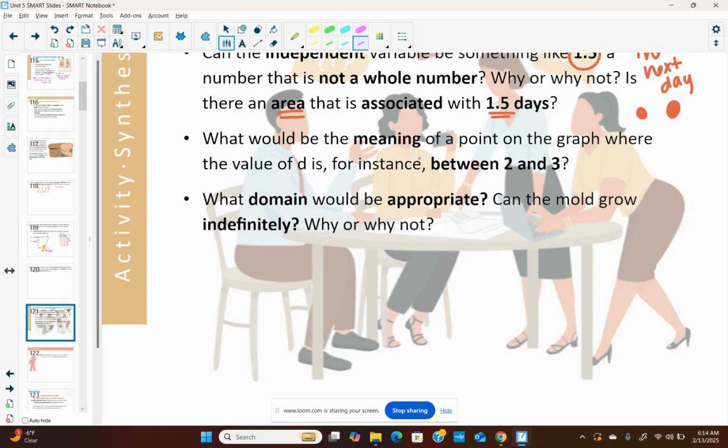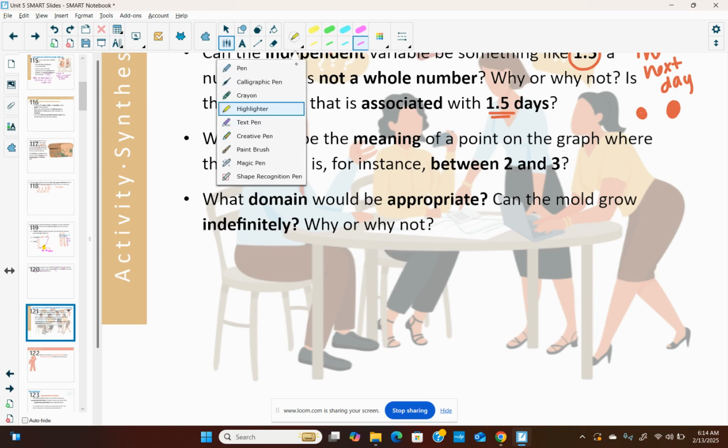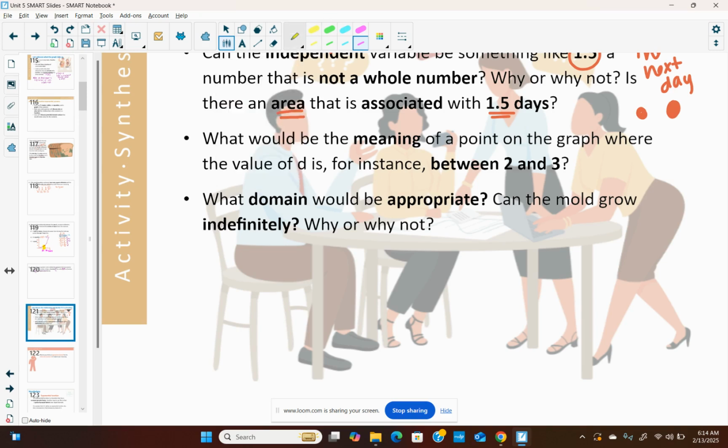So if we looked at this in hours instead of days, it would be somewhere between 24 and 36 hours. And then what domain would be appropriate? Can the mold grow indefinitely? Why or why not? So it certainly is going to continue growing, right? So an appropriate domain would be from 0, okay, because we started at day 0, right? And then our domain is days.